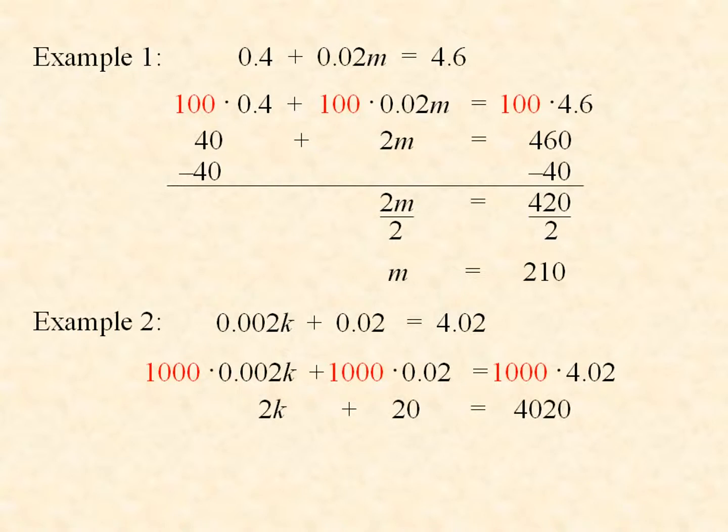This gives us 2k plus 20 equals 4020. Again, a much simpler equation to solve. Now we solve it by subtracting 20. That leaves 2k equals 4,000. And then dividing by 2 to get k equals 2,000.